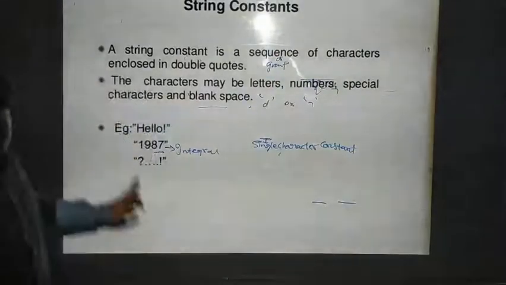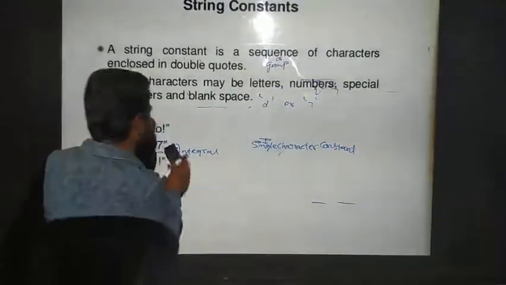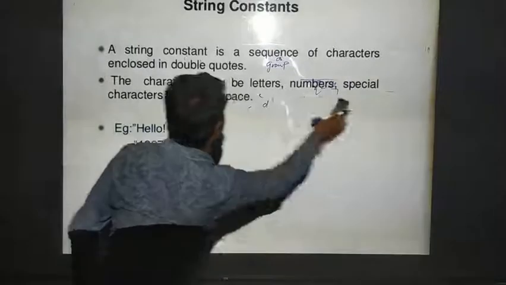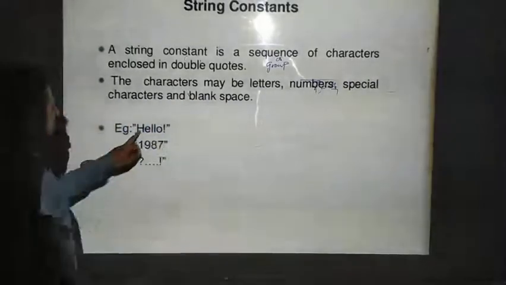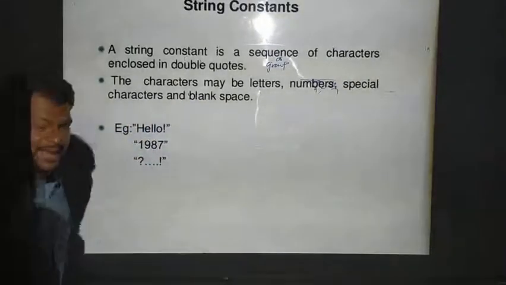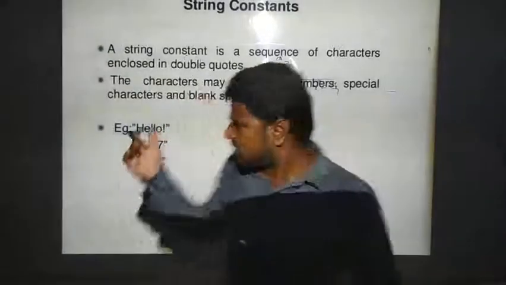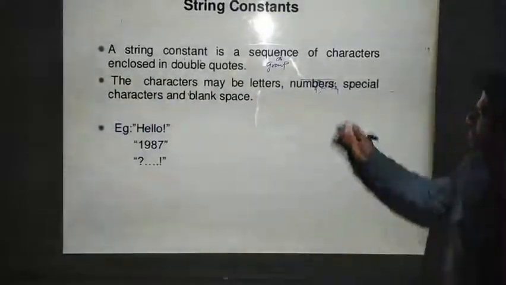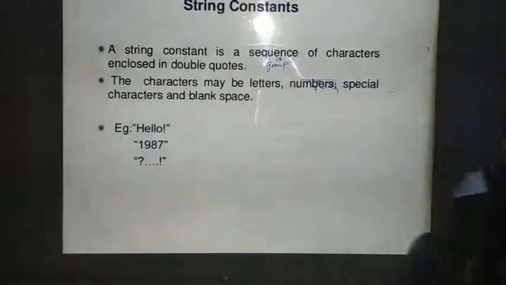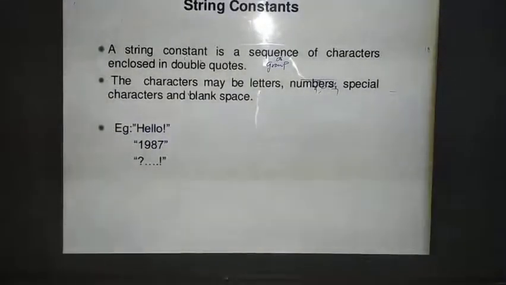Here you can see "hello": we have 5 characters grouped together. This type of constant we call a string constant. It may be not just a single number, but a bigger number, or any symbol, or a blank space also.